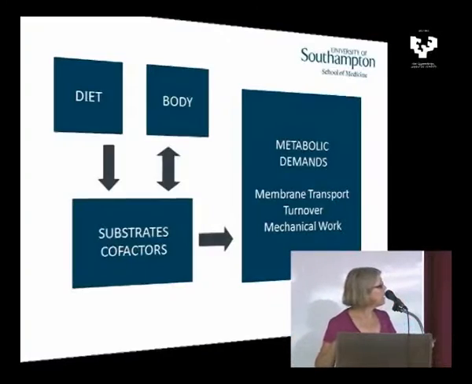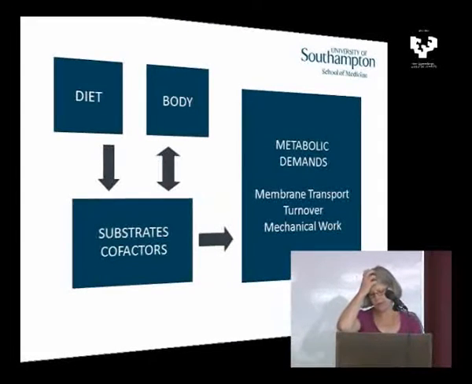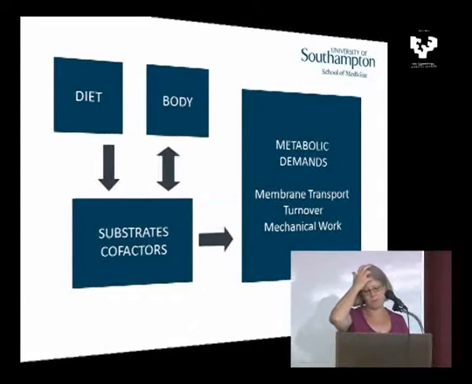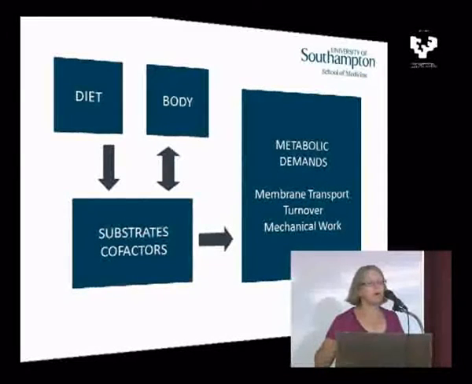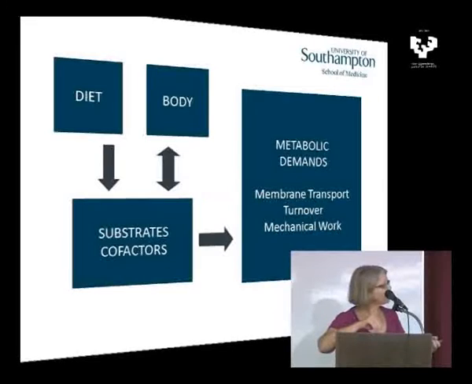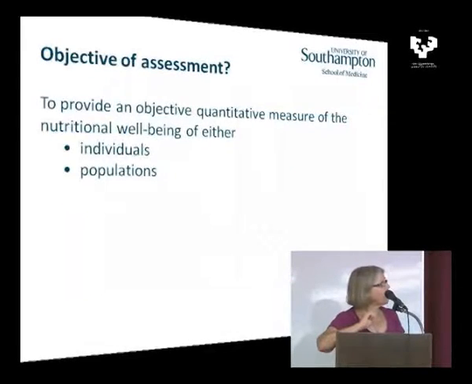So this diagram shows you that diet will provide us with the substrates, and those substrates get stored in the body, or if we don't have enough in the body mobilizes them so that we can then meet our metabolic demands for membrane transfer, turnover, and mechanical work. So when we're talking about nutritional assessment, the point of it is to provide an objective quantitative measure.